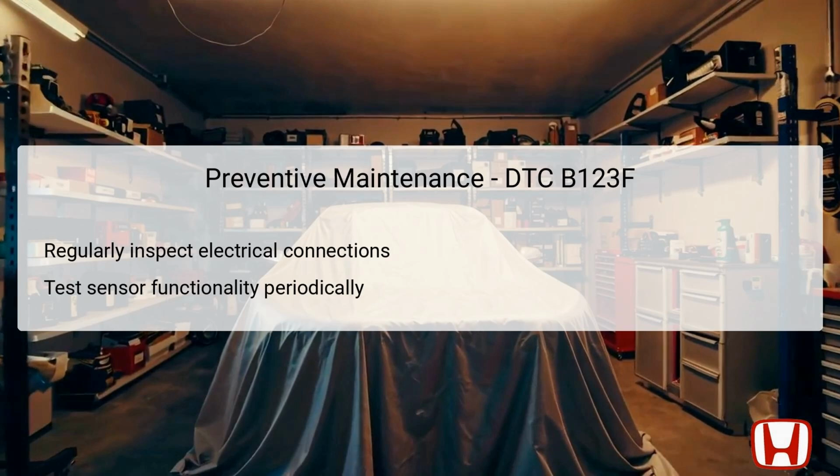For effective preventive maintenance regarding the automatic lighting control system in the Honda Accord, regular inspections of all associated electrical connections is essential. Keep an eye on the condition of wiring and connectors, ensuring they remain free from corrosion, fractures, or any signs of wear.